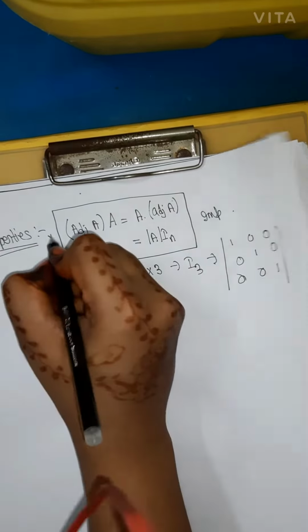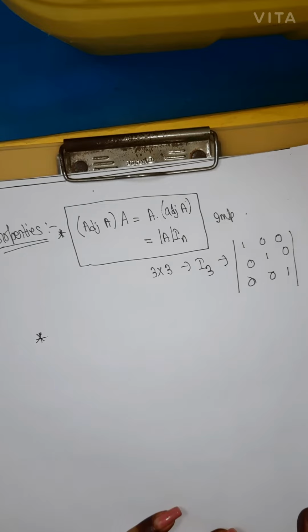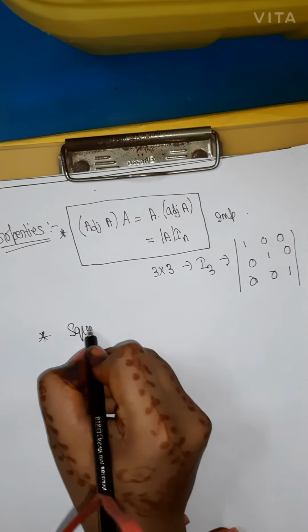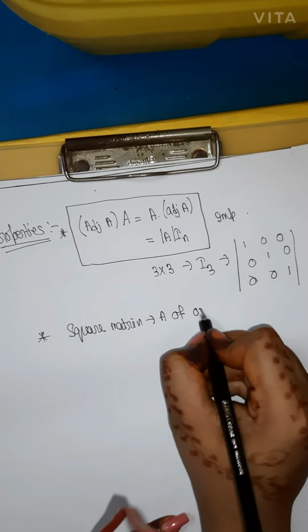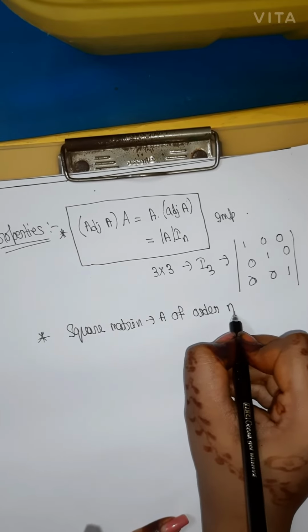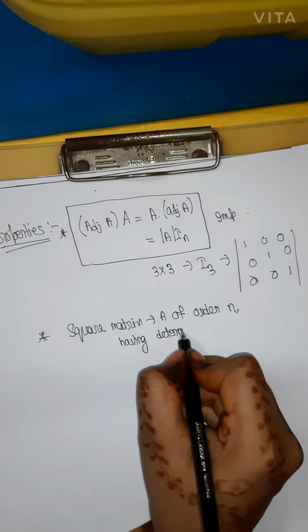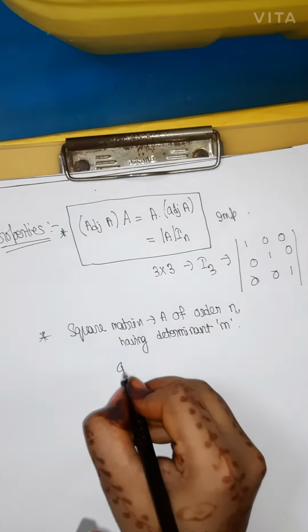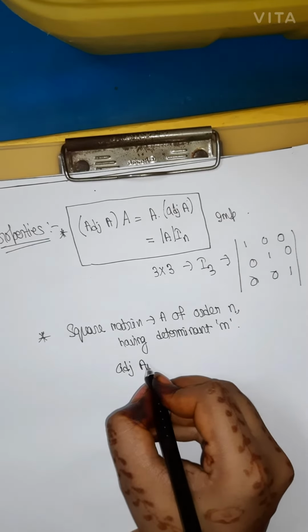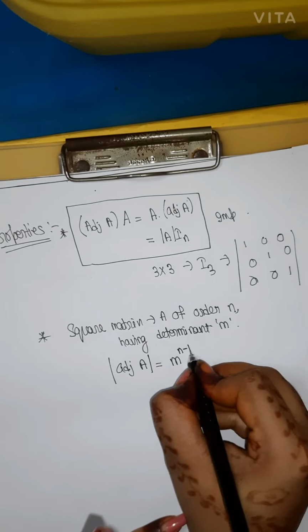And one other property we will discuss, that is, you can check it. Now for any square matrix, let us say A of order n, that is n cross n matrix, having determinant m, any real number, we will have determinant of adjoint of A equal to determinant to the power order minus 1.